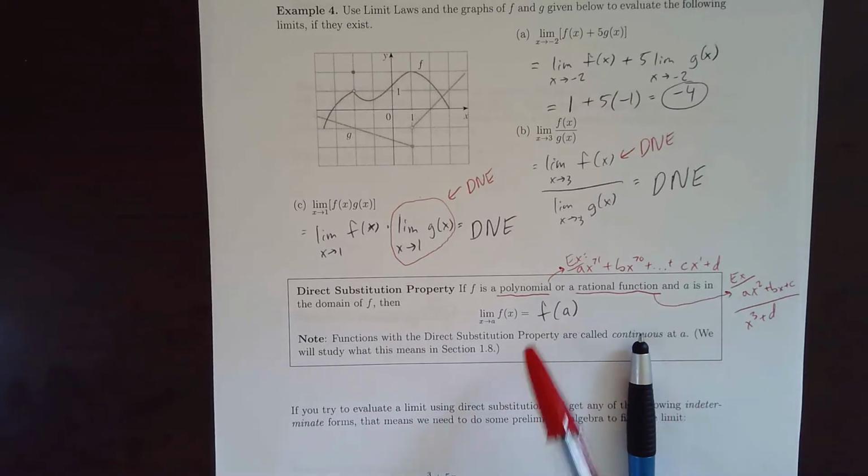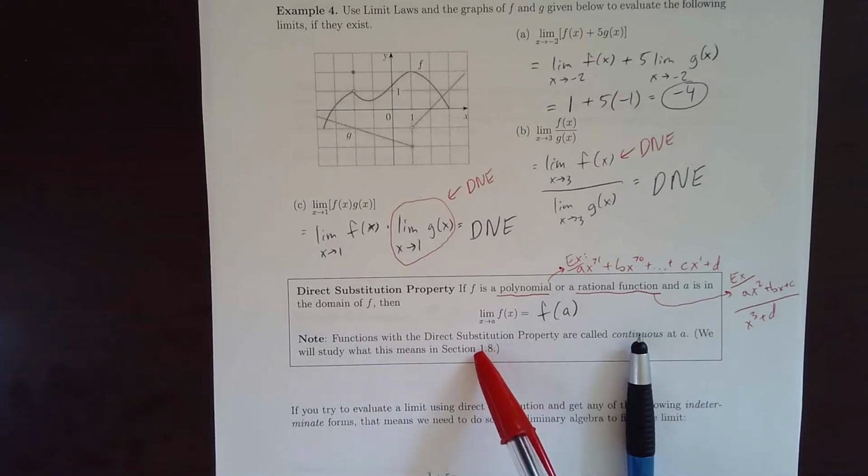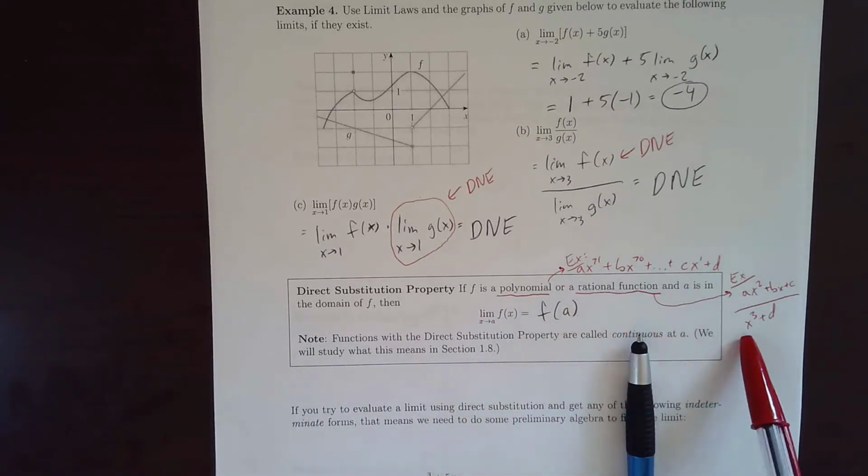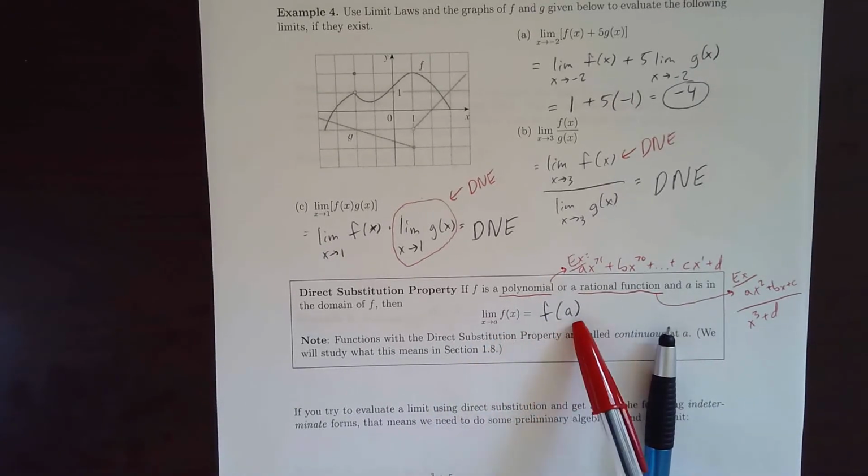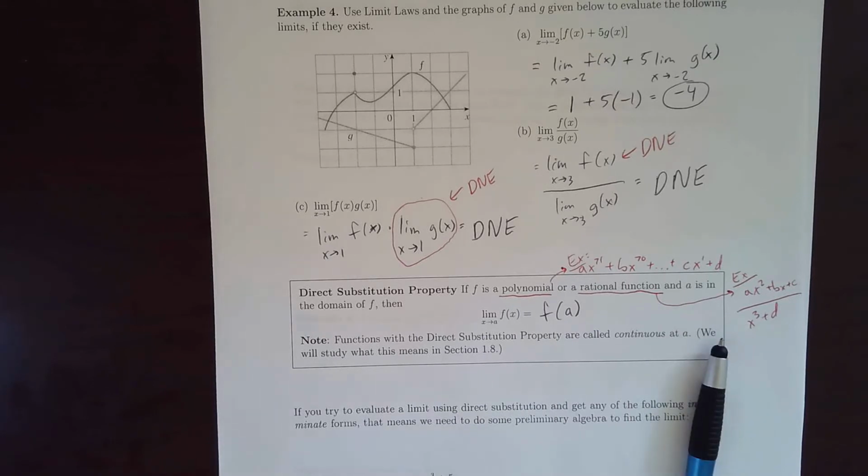So if you have a polynomial or a rational function, then typically your limit as x approaches a of f of x will just be f of a. You'll just plug in those values for a.